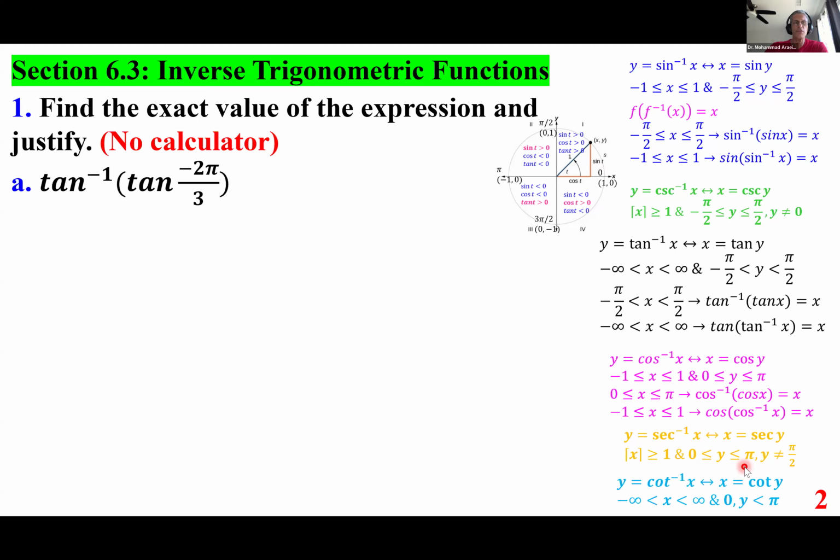All right, so we are interested in finding tan inverse of tan of negative 2 pi over 3. Negative 2 pi over 3, negative 120 degrees, puts us in the third quadrant.